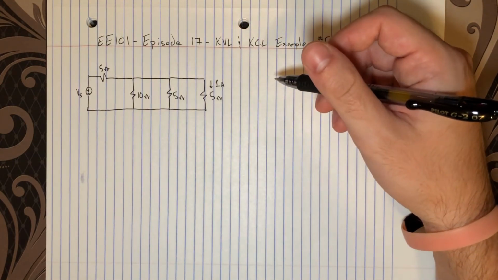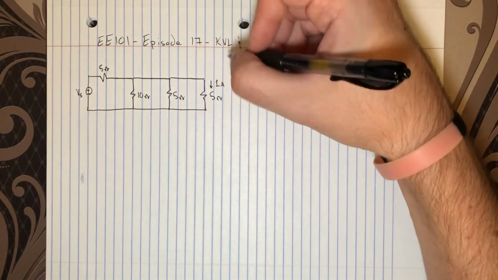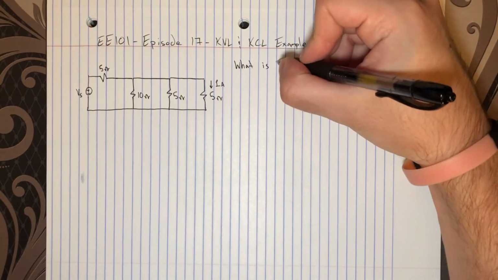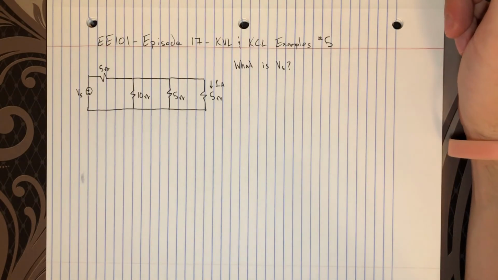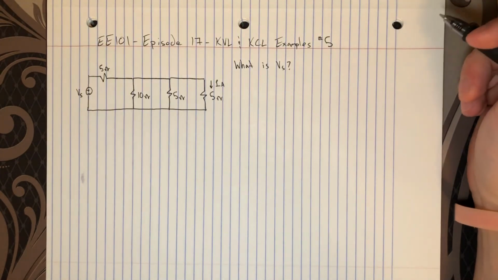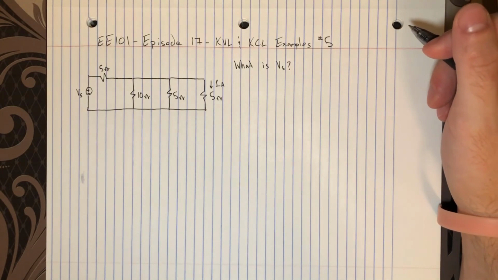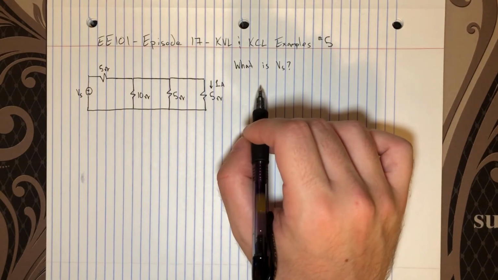And in this case, the question I'm going to ask is, what is Vs? And there's several ways you could approach this, and I like to start by writing out the answer to my question symbolically.